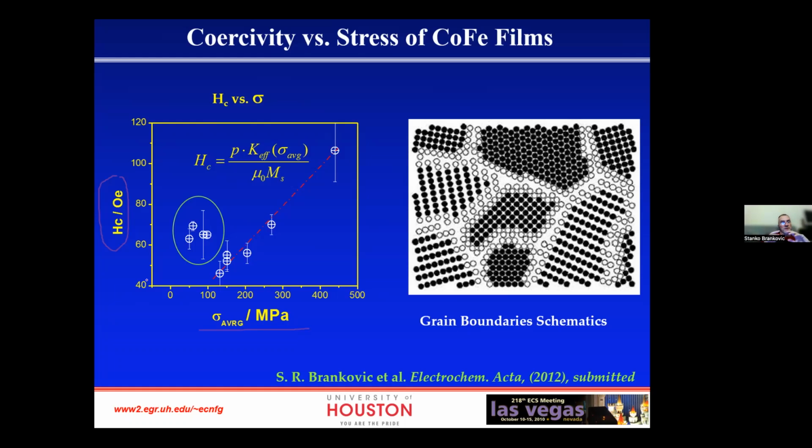And you remember that we prefer to have molecules of the additives incorporated because this is a more effective action of additives than creation of these sulfide particles. And now we see another evidence of the additive benefit. The stress decrease in the film also benefits the coercivity decrease in the film.